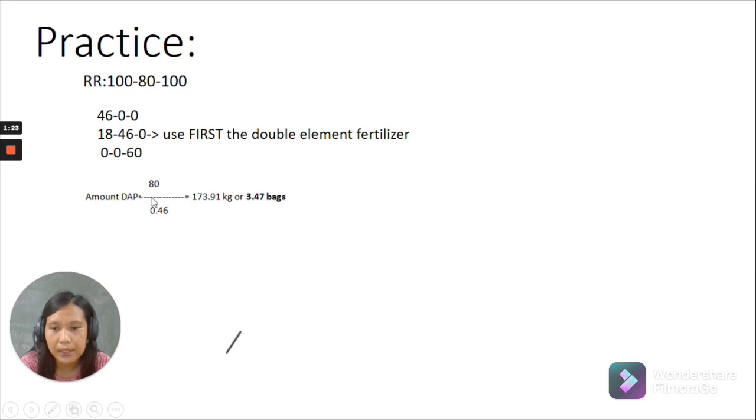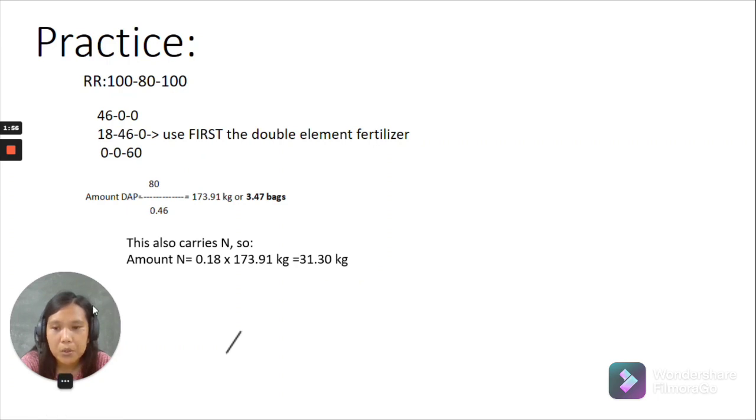So 80 divided by 0.46 is equal to 173.91 kilograms or 3.47 bags. Now, this also carries nitrogen. So, the amount of nitrogen in kilograms is equal to percent N, 18%, times 173.91 kilograms, which is equal to 31.30 kilograms of nitrogen.